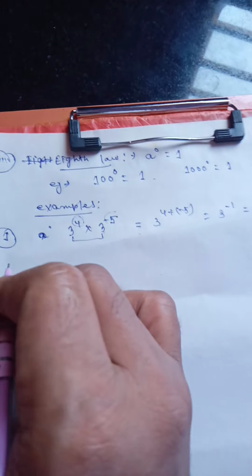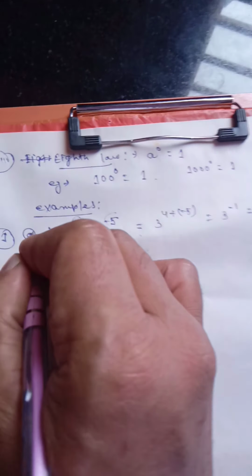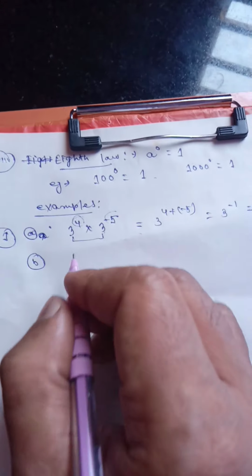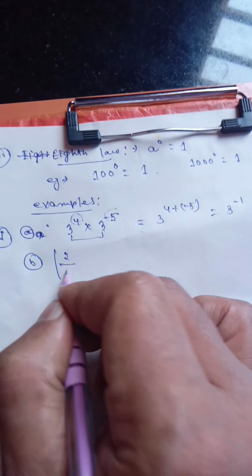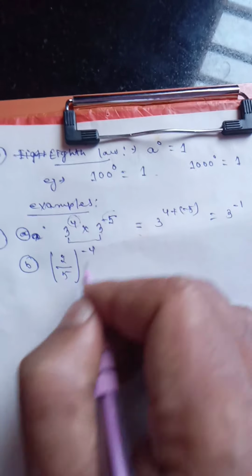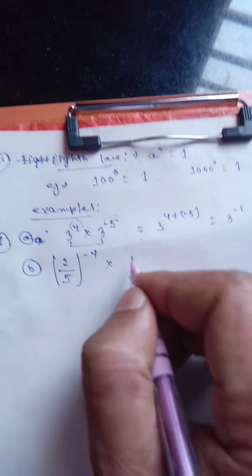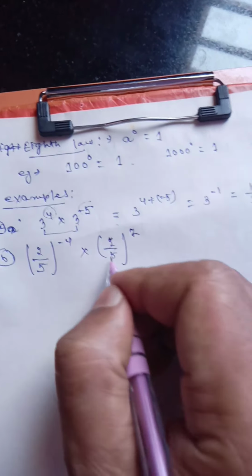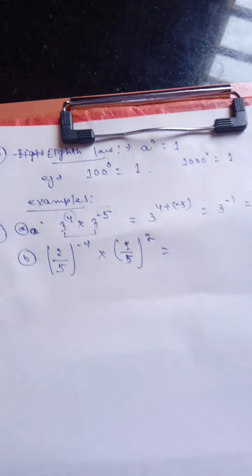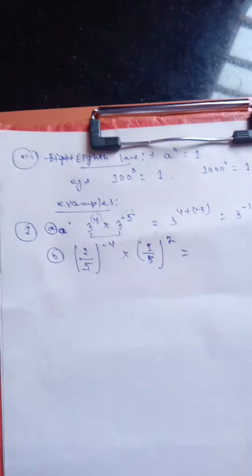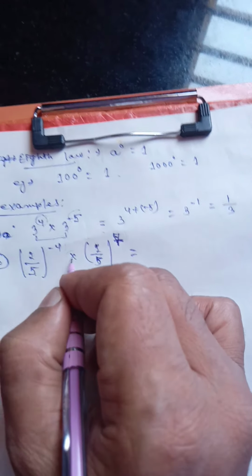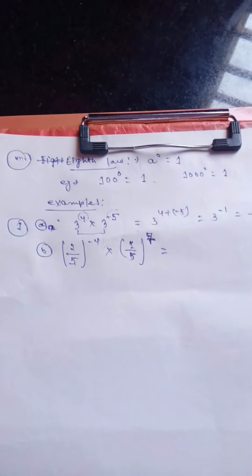The second one. See some more questions of this type: 2 upon 5 raised to power 4 into 2 upon 5 raised to power 7. Here the bases are the same but the exponents are different, and there is a multiplication sign between the two bases.